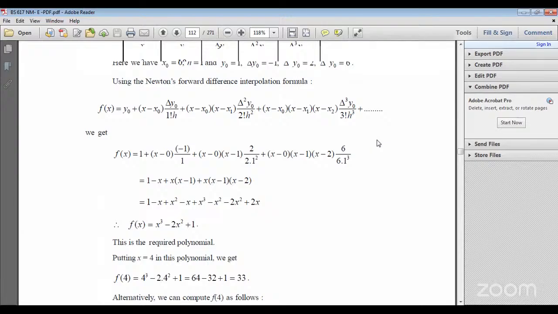So therefore, I am applying 1 minus x, then x into x minus 1, then x into x minus 1. This cancels the values of x into x minus 1 and x minus 2. We are taking here only.